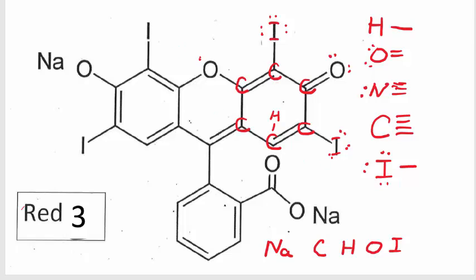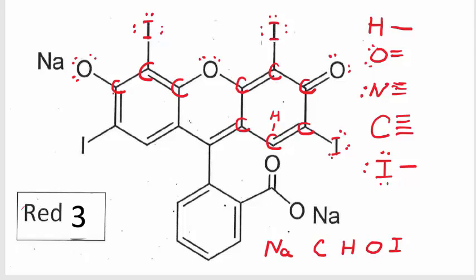Moving this way, this oxygen has 2 unshared pairs. There's a carbon here, a carbon here. This iodine has 3 unshared pairs. There's a carbon there. Now as we move up this direction, this oxygen is attracted to this sodium here.